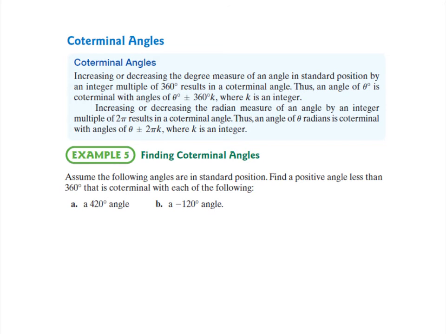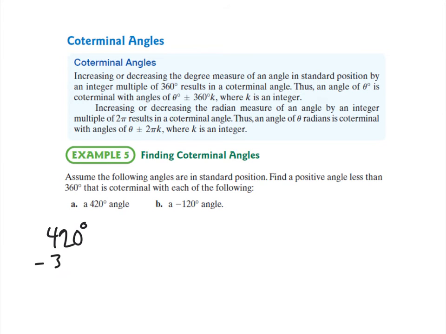So for this problem here, for example 5, we're going to assume that they're in standard position, and we want to find a positive angle that's somewhere between 0 and 360 for 420 degrees. So because 420 is greater than 360, we want to subtract 360 from 420.